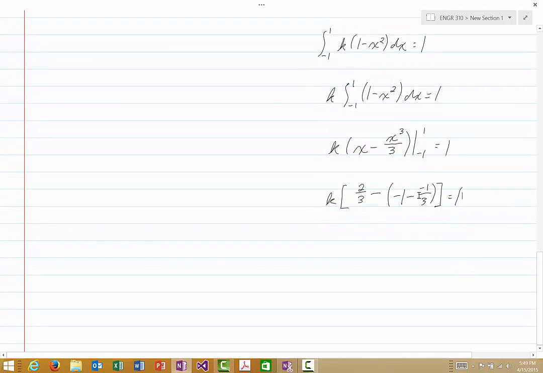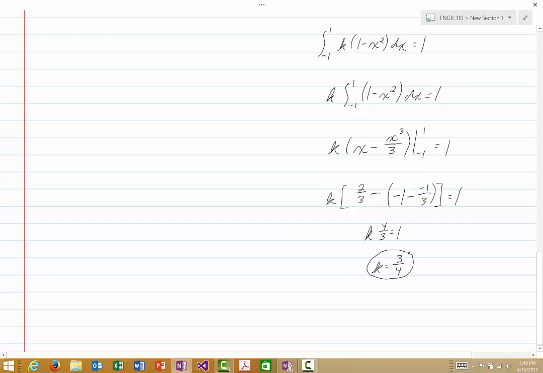This is -1 minus a -1/3, so that's -1 plus 1/3, or -2/3. So we have 2/3 minus a -2/3, which is the same thing as 2/3 plus 2/3, or 4/3. So k times 4/3 is equal to 1, and therefore k is equal to 3/4.